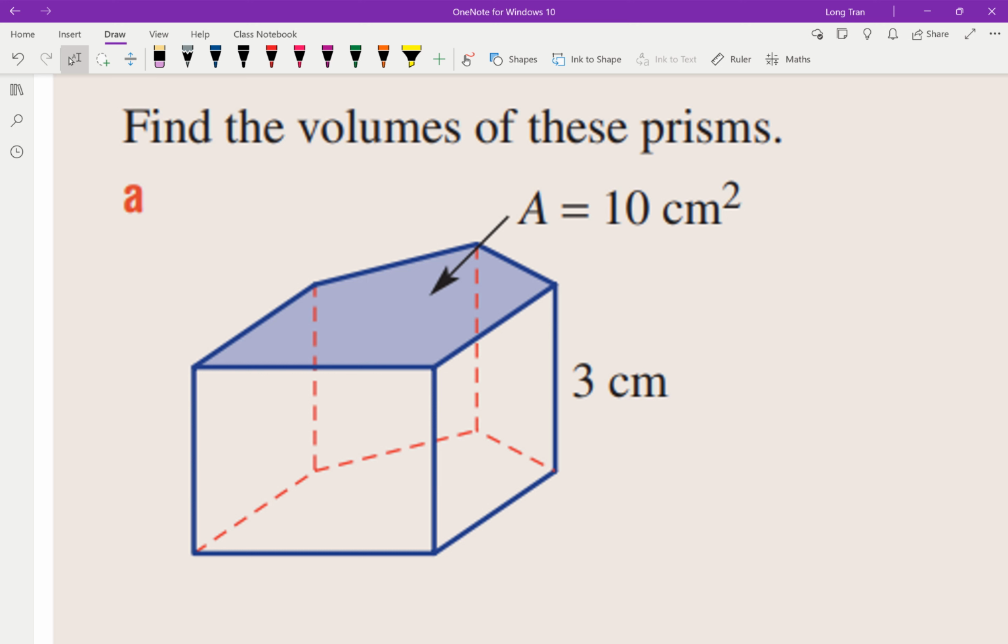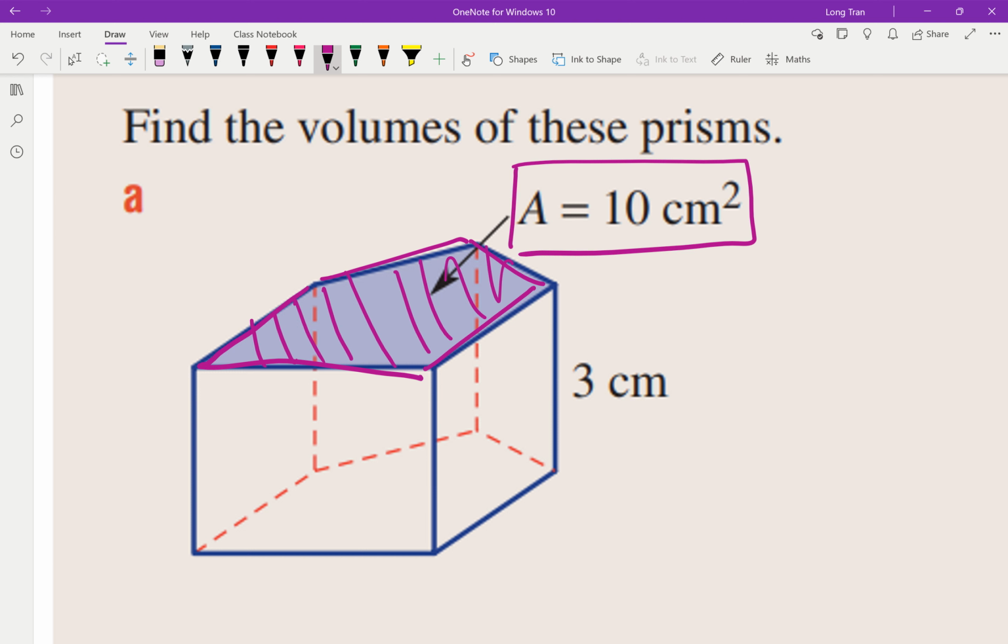This cross-sectional area is a 2D shape. They've already told you that the area is 10 squared centimeters. If you want to make this into a 3D shape, you just need to know that third dimension, the height. You should be able to find the volume because volume is area times height.